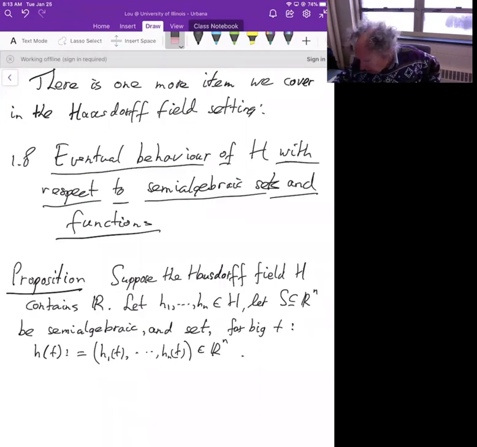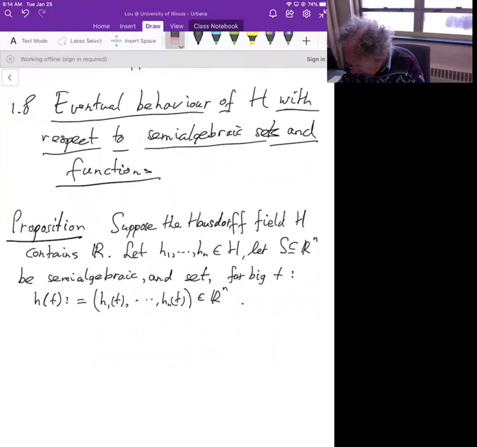Of course, this only makes sense for big t once you pick certain representatives of these germs, and we tacitly do that always, and it doesn't matter for the statement that follows which representatives you take. Okay, and then the first claim that we want to make is that eventually this point will lie in S, or it will be eventually outside of S.